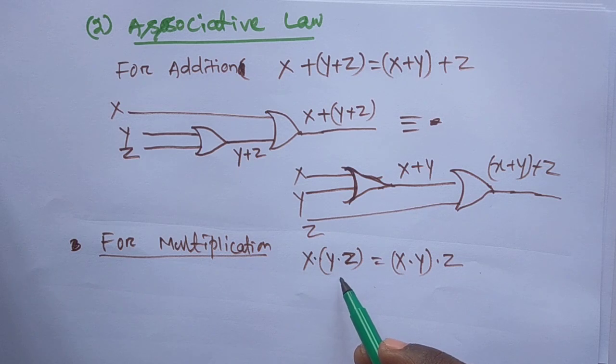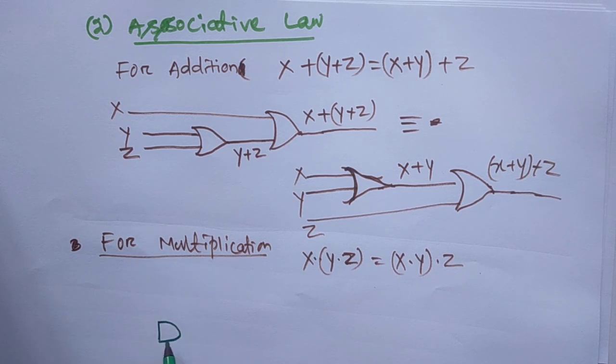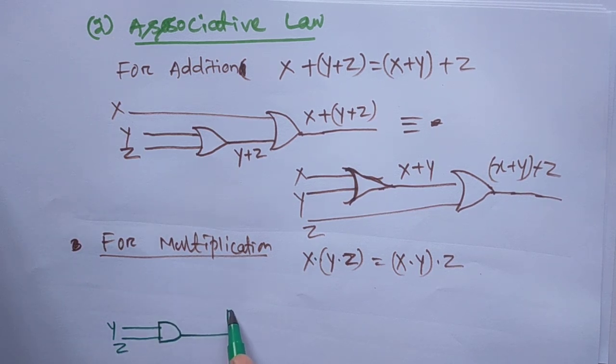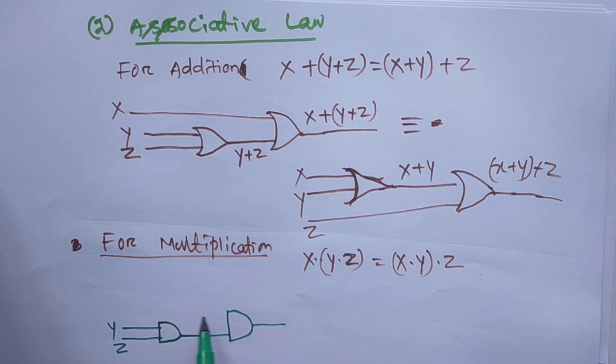First of all, similarly yz. So write yz here very simply. Here y, here z, yz. So again here also define this one. Another is x.